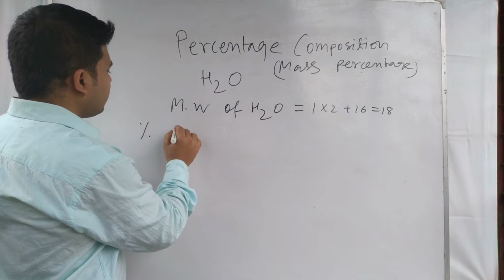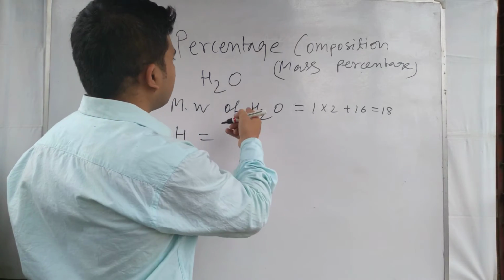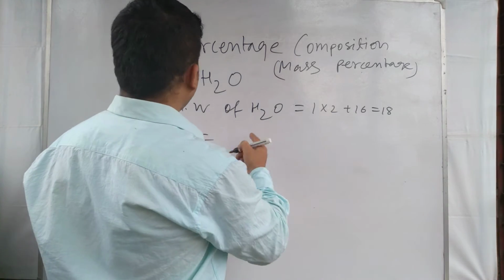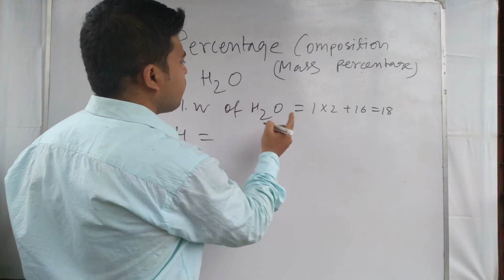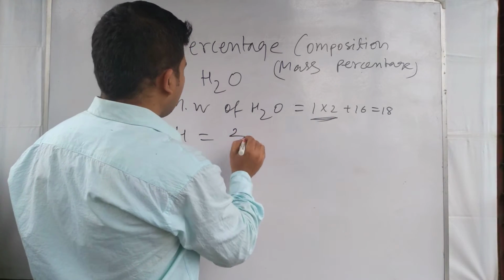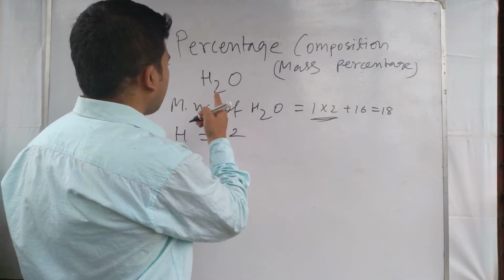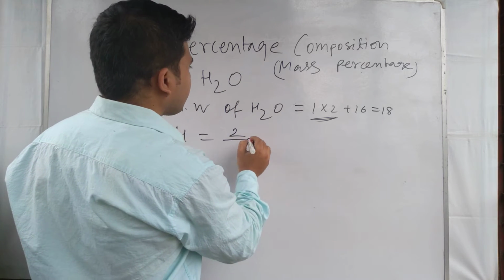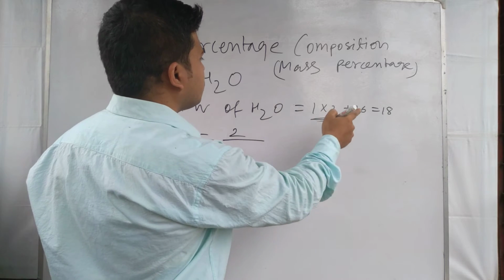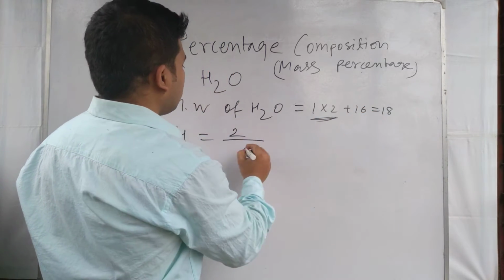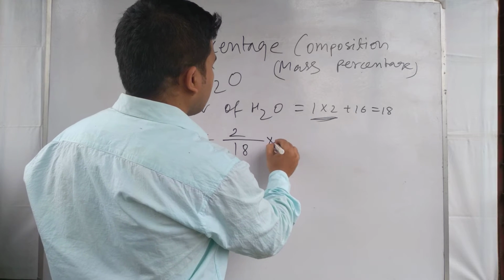Now the percentage of hydrogen in this water molecule is the weight of hydrogen present in one molecule of water, which is 2 gram, divided by the total weight of the water molecule, 18 gram, into 100.